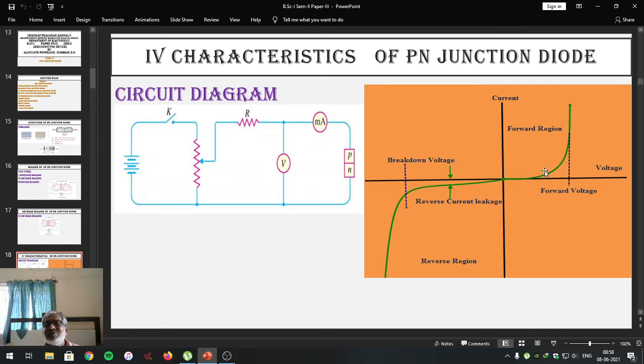From these forward characteristics, we can say that on the x-axis voltage increases from the origin, and current increases from the origin towards the y-axis. At the beginning when voltage is 0, current is 0. When voltage increases in this direction, naturally current remains 0 up to this point.